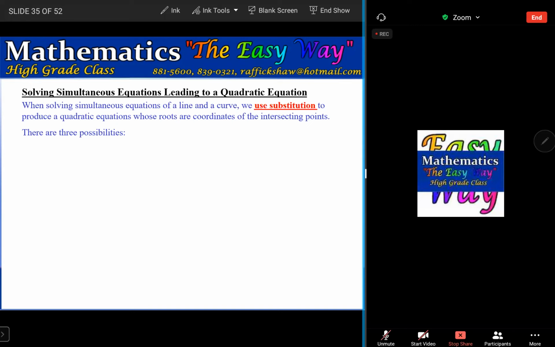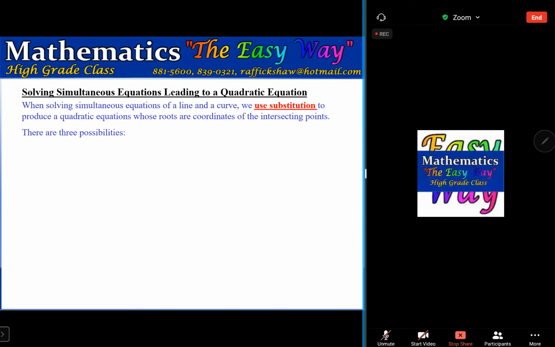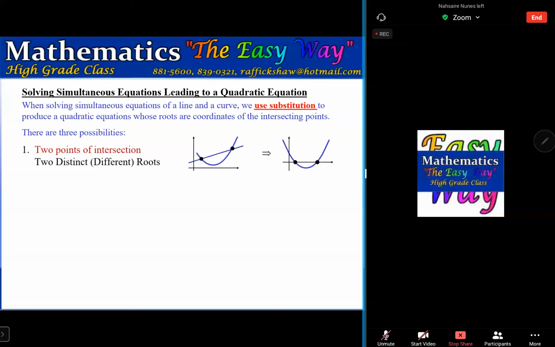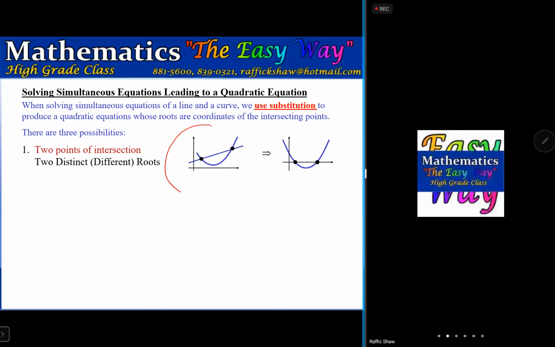What are those possibilities? First possibility is that you can have 2 clear points of intersection between a line and a curve. We can see it here. You put them together to solve it, and it leads to a quadratic equation that will give you 2 roots, basically. So this is equivalent to that. That's the first possibility.